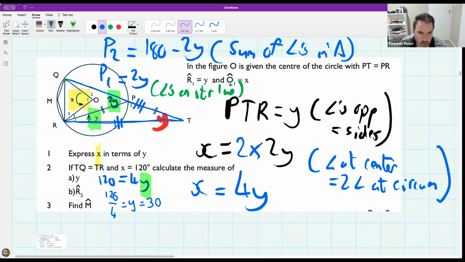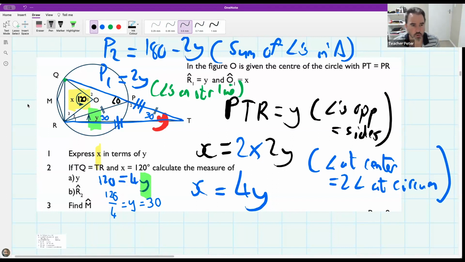So we know that this is 30. We know this is 30. We know that this one must be 60 because it is double that. And we know this is 120.